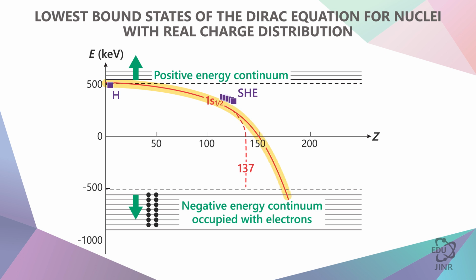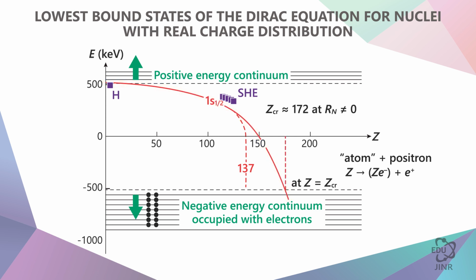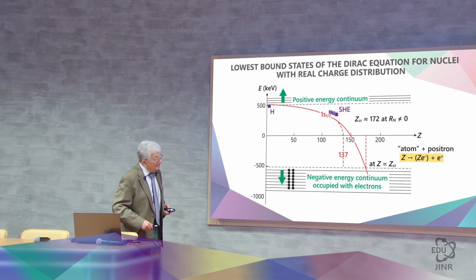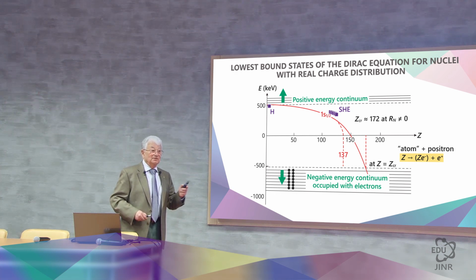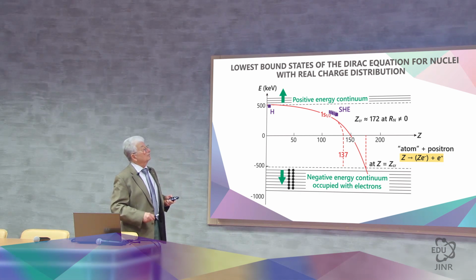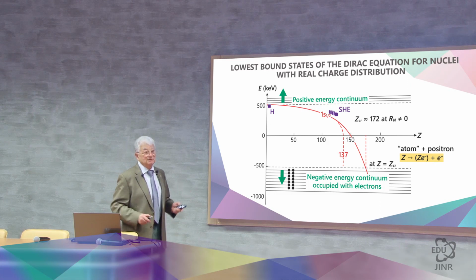It goes on until it collides with the border of this continuum, a negative vacuum, where this atom becomes unstable in relation to another atom and positron, roughly speaking. And in this super strong field, an electron is ejected from the negative continuum, sits in orbit, forming a hydrogen-like atom, resulting in the fact that the vacuum becomes charged. And in order for it to become neutral again, a positron is emitted from the positive continuum.